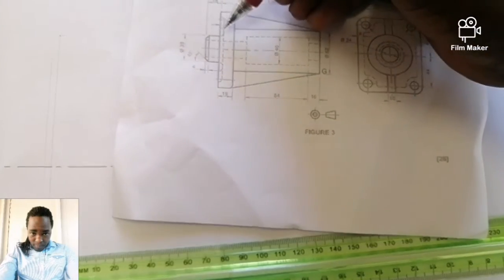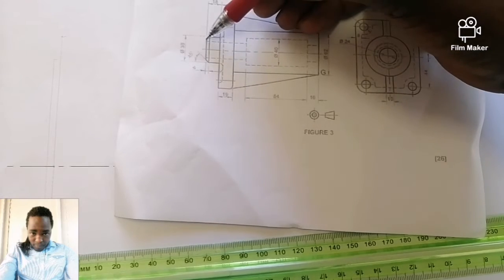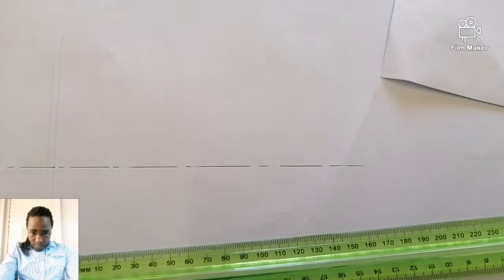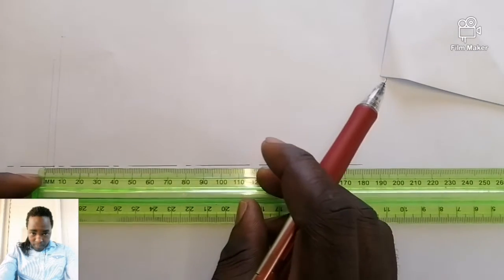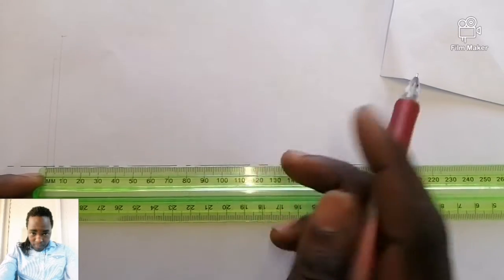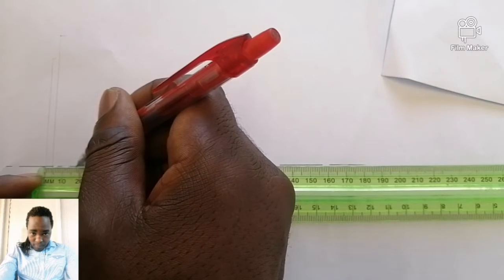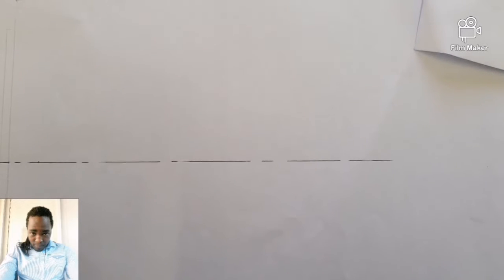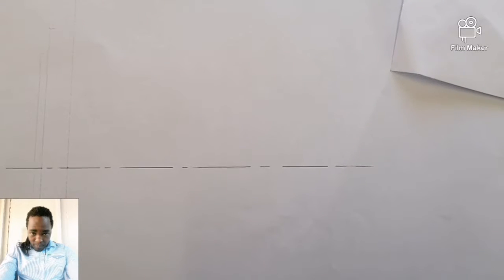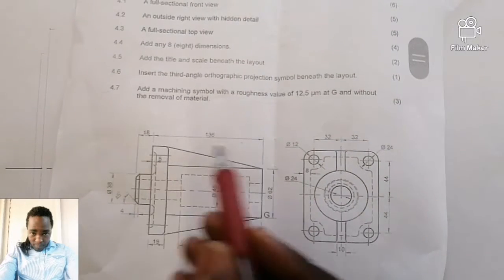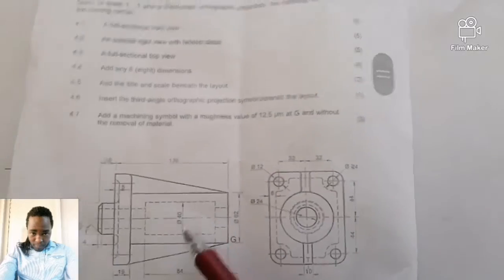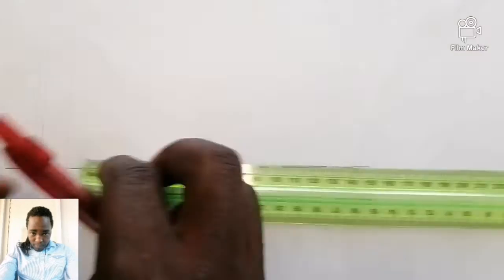Then I can measure 18 millimeter, remember, not from where the 4 ends, isn't it? 18 millimeter, like this. Then from there we have a dimension of 136, starting from where your 18 ends, isn't it?